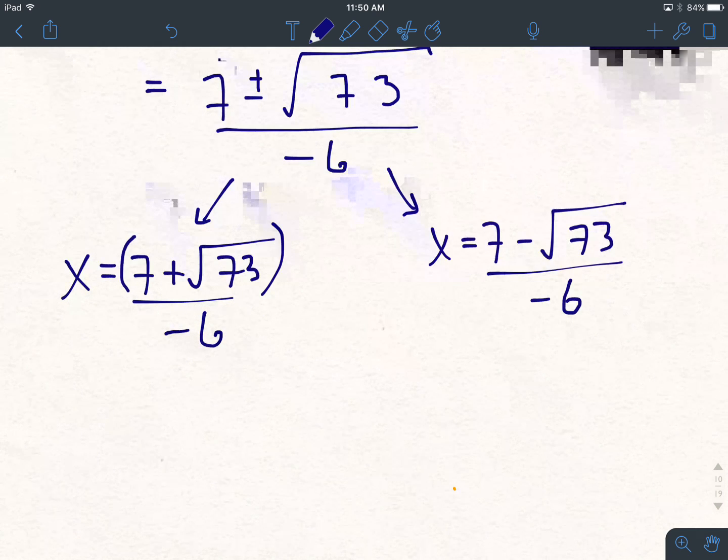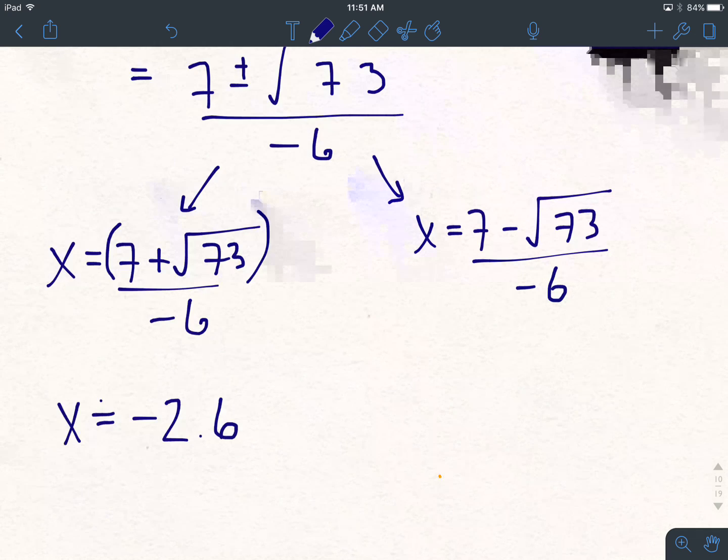So when I type this into my calculator, I'm going to type in 7 plus root 73 and hit equals. And then I'm going to divide by negative 6. That's going to give me x equals approximately negative 2.6.